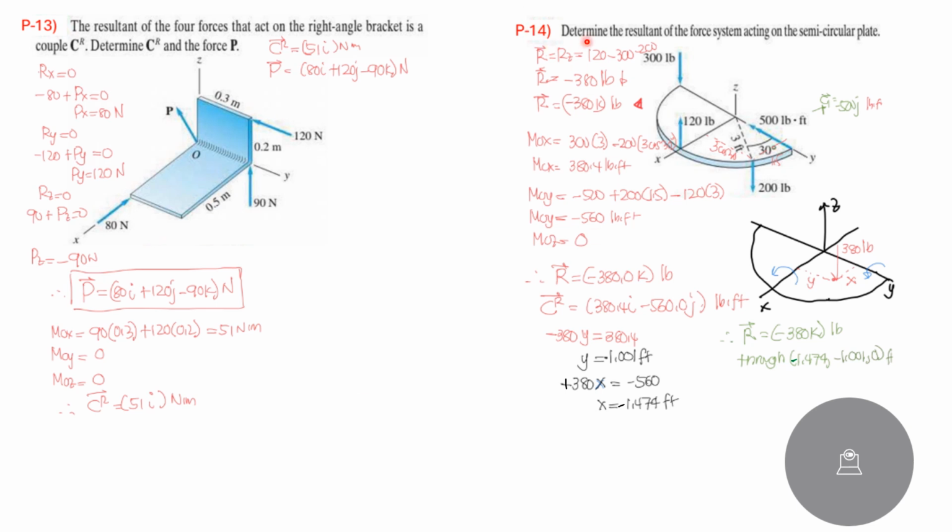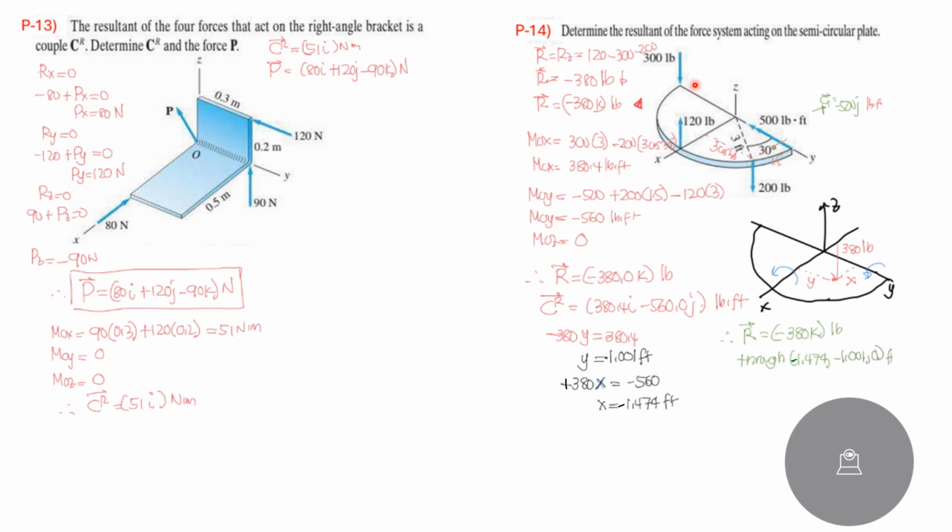Finally, problem 14, determine the resultant of the force system acting on the semicircular plate. So this is the system and the forces are parallel. We have 500 pounds in the negative y direction. So in vector form, we write that as negative 500j pound foot.